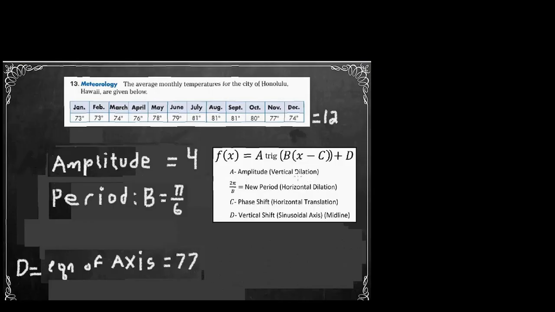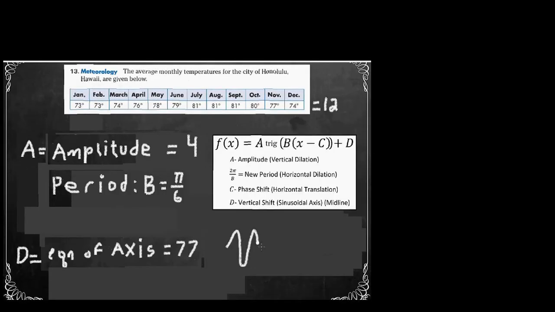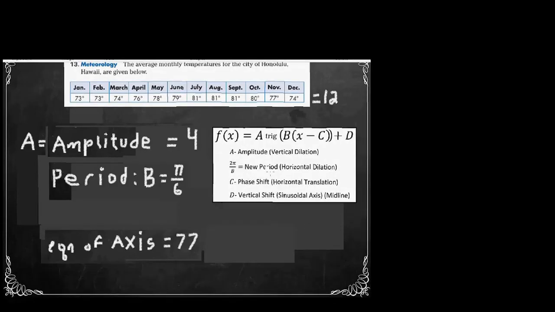The first thing to consider is A equals amplitude, which is a vertical dilation, and all that means is A modifies the vertical distance between the midline of the function and its max and min.